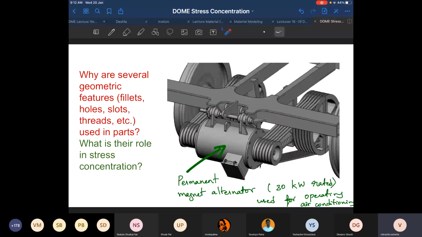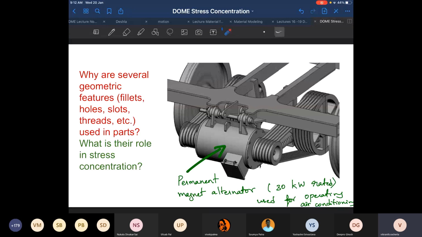The stator is on the outside and it is attached to the PMA, and the rotor is the main shaft. So the first question that we will be trying to look at is, why do you have many geometric features on parts?